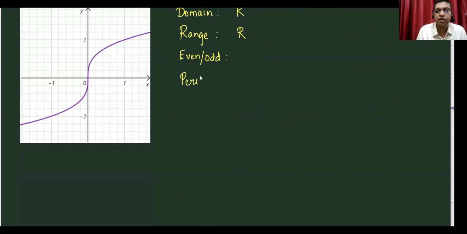Tell me whether it is even or odd. Yes, it is odd function.